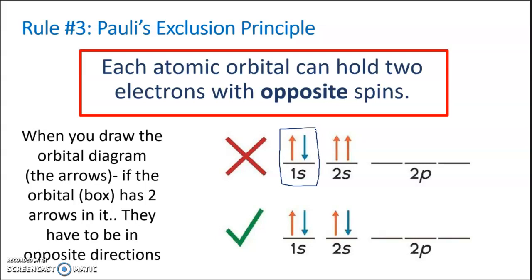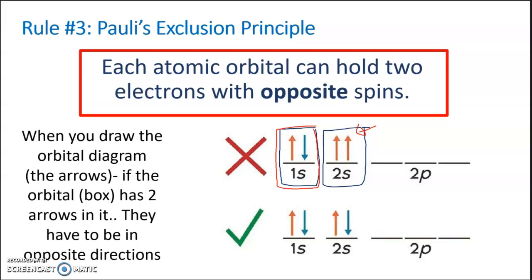And again, this can get extremely complicated, quantum mechanics. They have opposite spins, create opposite magnetic fields, and they're drawn one up, one down, not like this. If you were to write the quantum numbers, this would be different because one is up, one is down. These two would have the exact same quantum numbers, which can't and does not happen. But again, it's out of the scope of this class.